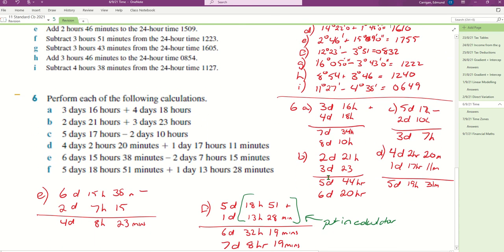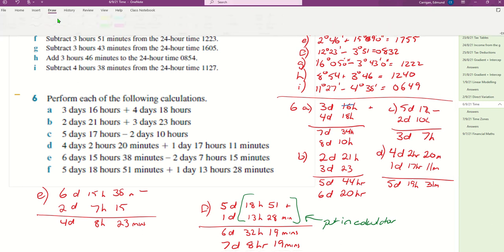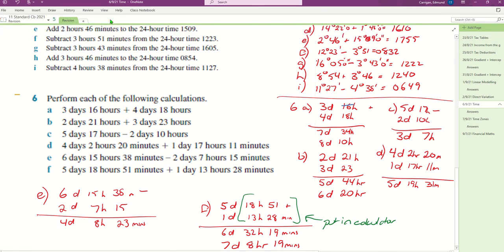Question 6, perform each of the following calculations. This time around we can use a mixture of our calculator and a written method. Here in days, because there's 24 hours in a day, our calculator won't do that for us, but we can do it pretty easily. We add it up in the first place.